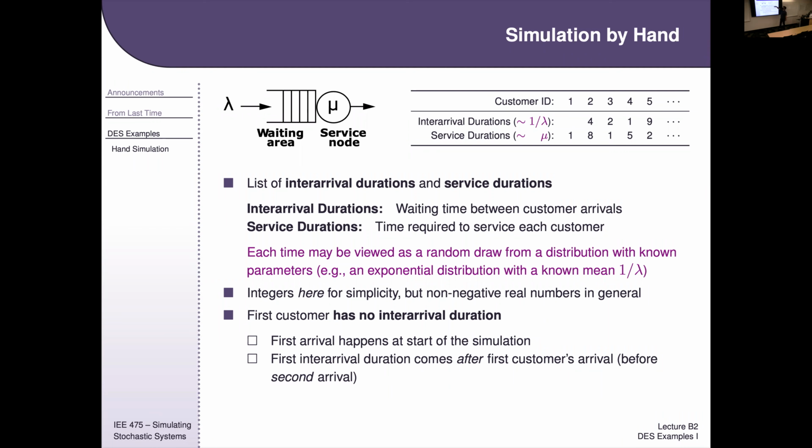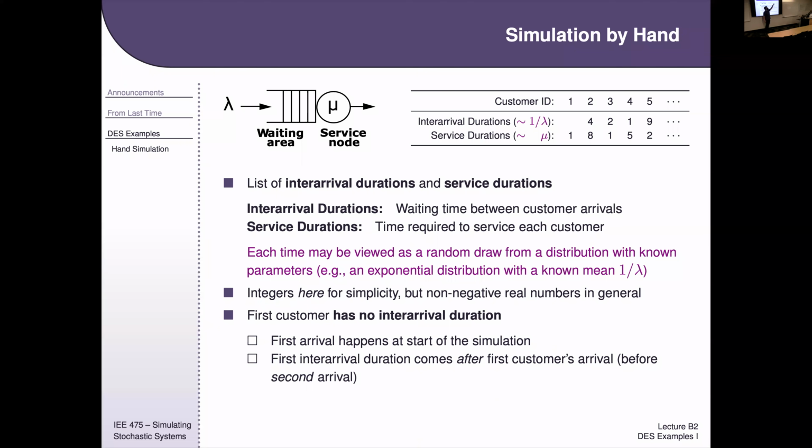Likewise, with service durations, we're saying that when customer 3 finally reaches service, whenever that is, the number of groceries customer 3 has is going to cause it to have a 1-minute service duration, whereas customer 2 maybe has a lot more groceries. So when customer 2 finally reaches the cashier, it will take customer 2 a lot longer. It'll take 8 minutes.